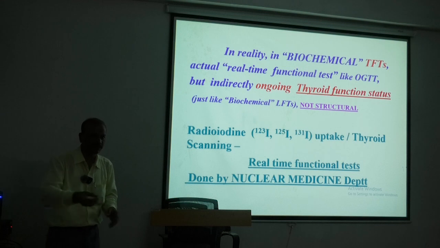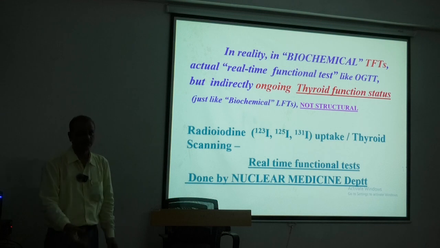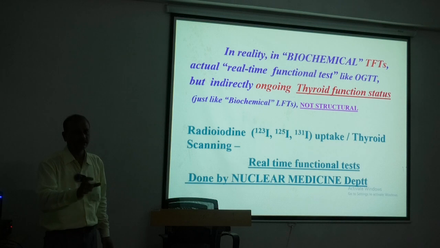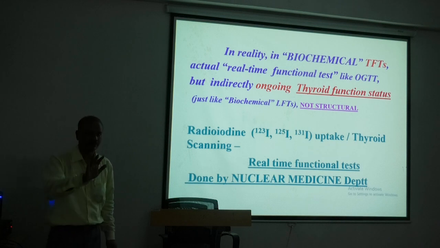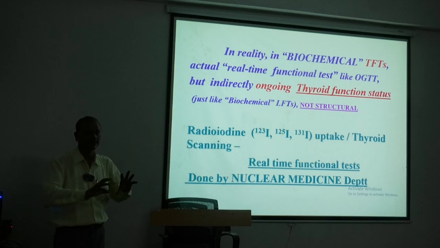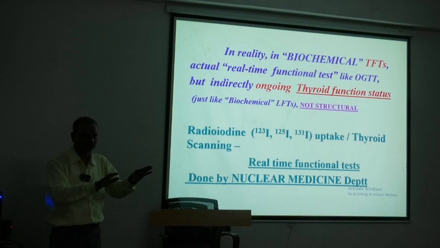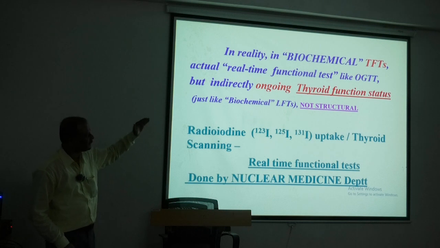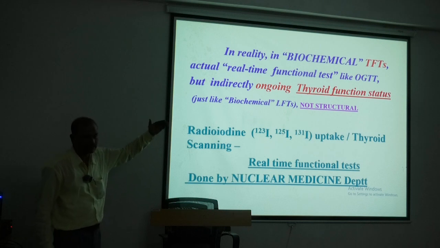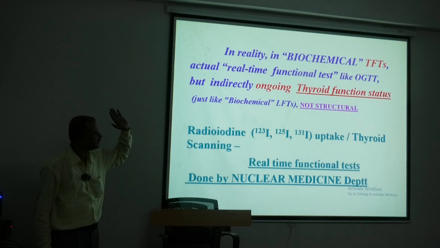Today at 9:15 the sample was taken, and what was the level of thyroid, that is T3, T4 and TSH or FT3 and FT4, that much we are knowing. So that indicates an indirect assessment of how the thyroid function is today, and definitely it is reflecting some activities. Actually, I repeatedly tell you, we are assessing the thyroid function state, not the structural changes.